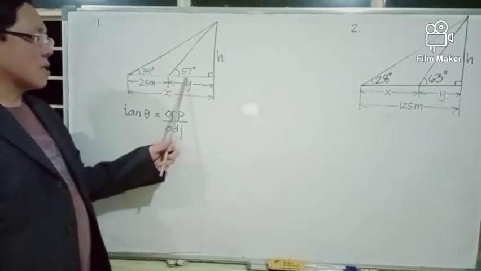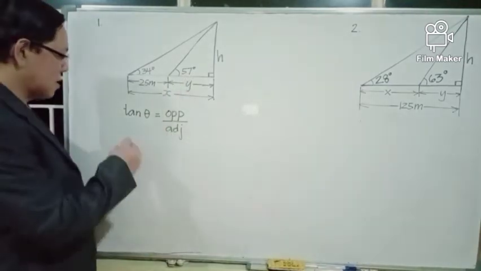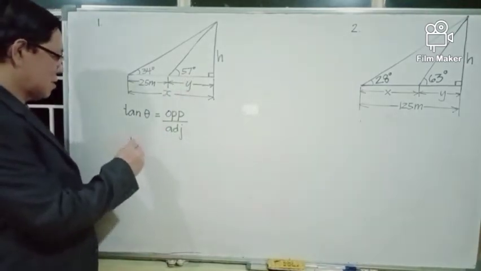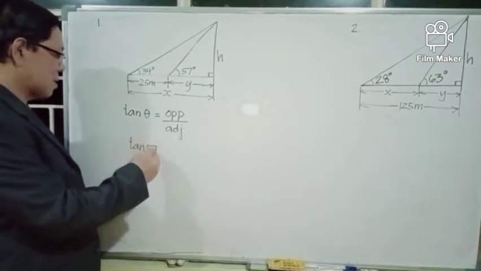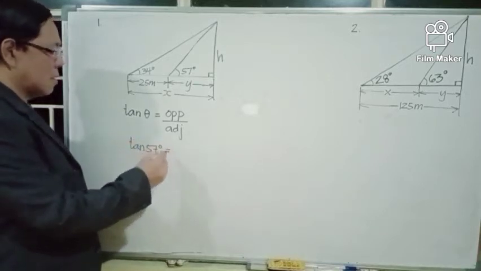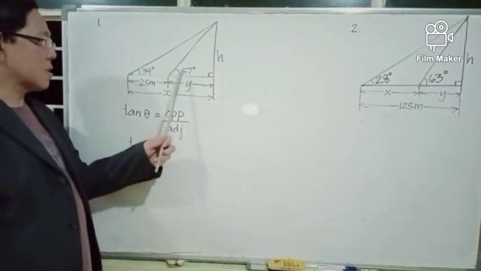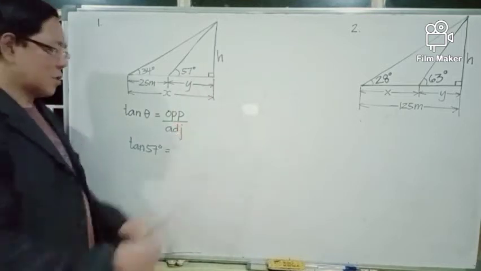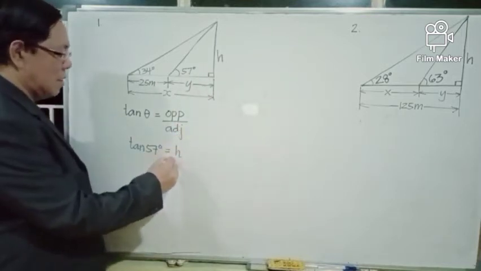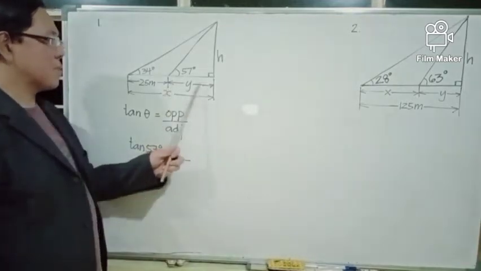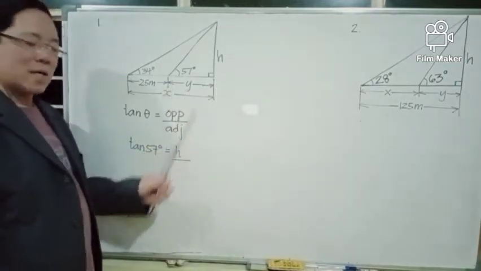In the smaller triangle, theta is 57 degrees. Tangent of 57 degrees equals opposite of 57 degrees is h, and adjacent to 57 degrees is y.